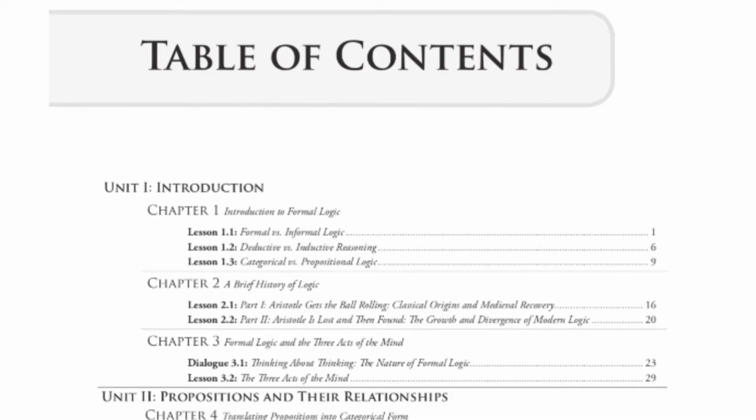Then we move into chapter 2 and chapter 3. Chapter 2 is a brief history of logic, and there are going to be two parts to that. That's actually a lot of fun, because we get to take a little history detour and set the stage. Anytime you're being introduced to anything, it's always good to know where you are in time and space, what's come before, and what's impacting you.